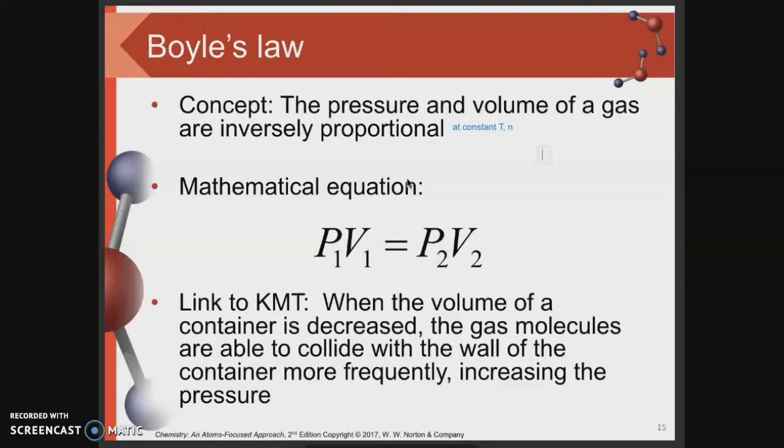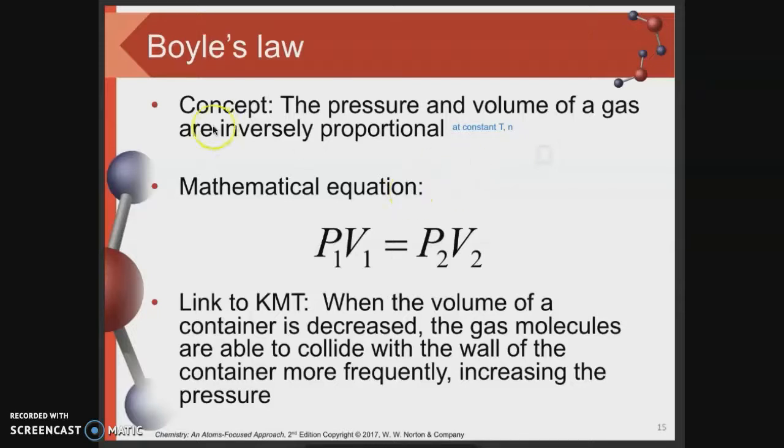Pressure and volume are inversely proportional. If I push on the balloon and try to make the balloon smaller, I'm going to feel a massive increase in the pressure inside pushing out against me. And vice versa. If I stretch that balloon, if I try and make the balloon bigger somehow, the internal pressure inside the balloon is going to be considerably less.